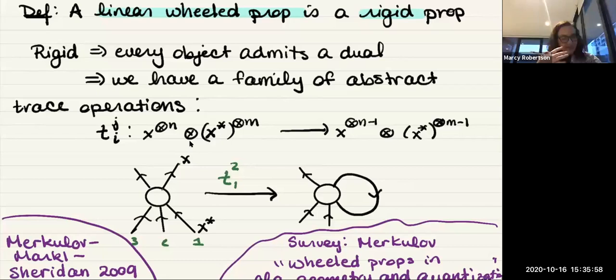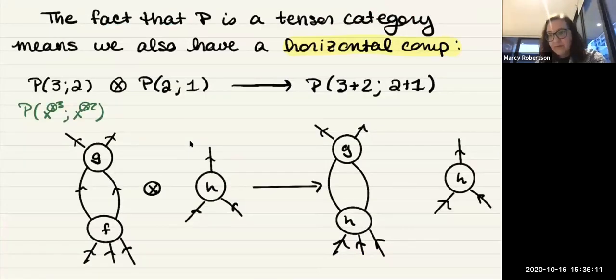They're compatible in precisely the way you need to have these two compositions interact. They're bimonoidal, I think is the word. So yes, a prop is a two category. I think that's a known fact.